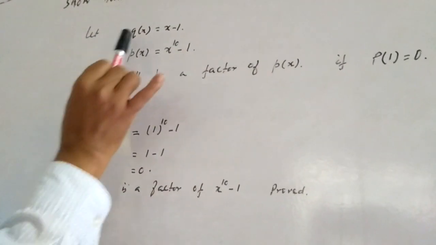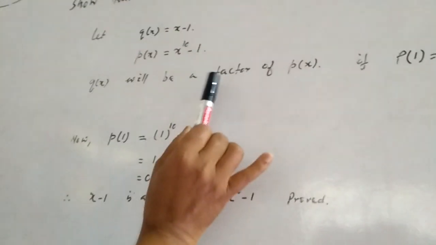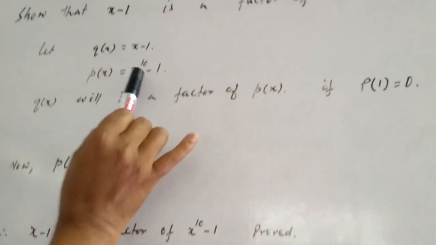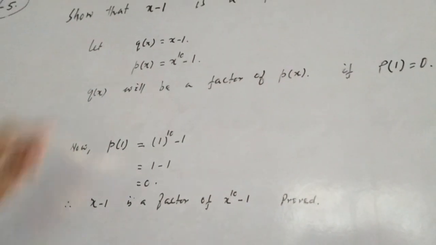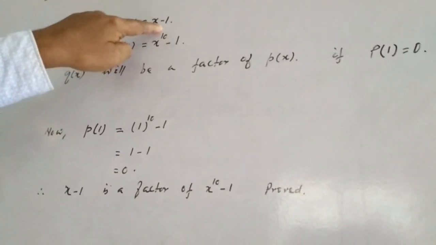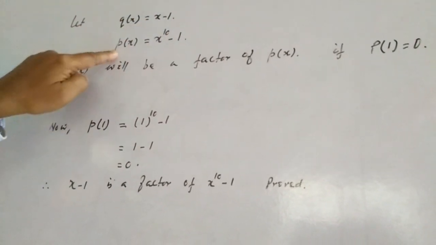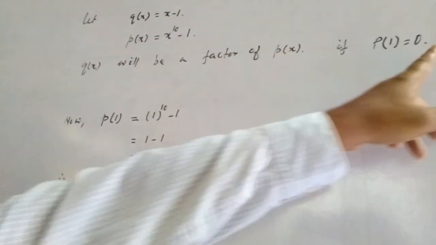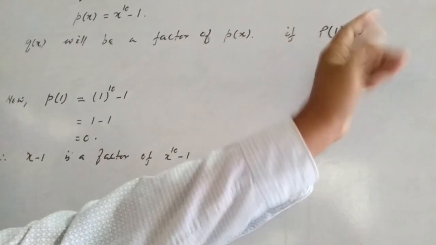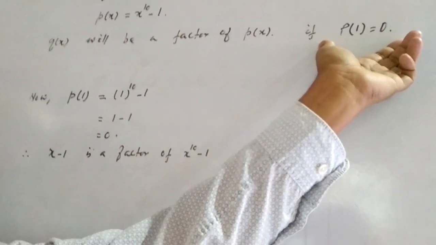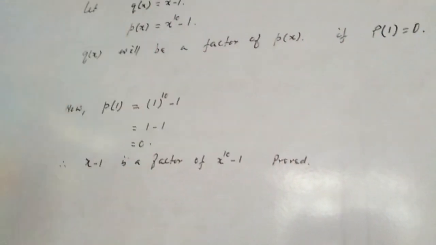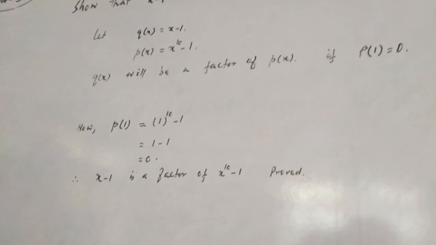And q(x) will be a factor of this p(x) if and only if the remainder at x equal to 1, that is p(1), will be equal to 0. अगर इतना आ जाता है तो हमारा q(x) p(x) का फैक्टर होगा.